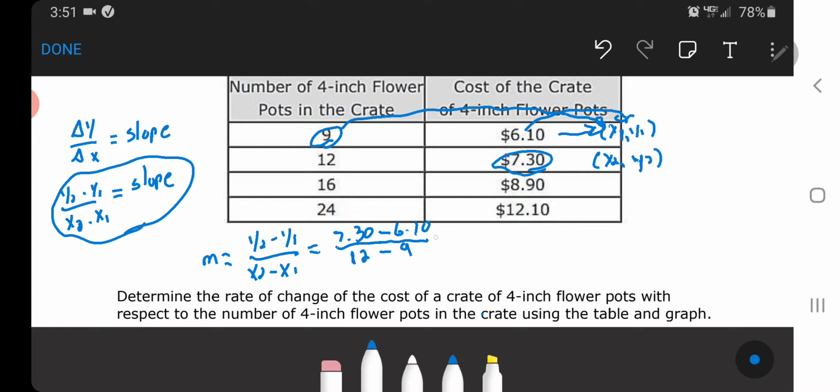So, doing a little bit of math here, we'll take 7.30 minus 6.10, and you can use your calculator if you need to, but it's going to be 1.20 or 1.2, and 12 minus 9 becomes 3. Doing a little bit more, we'll take 1.2 divided by 3, and we get 0.4.